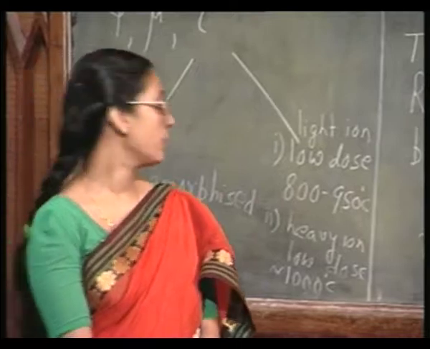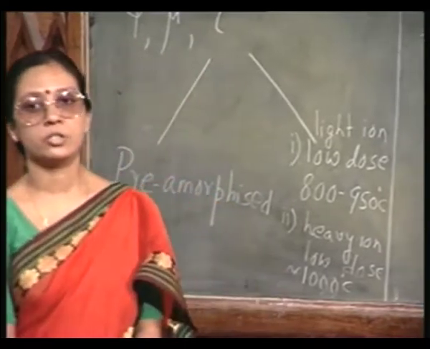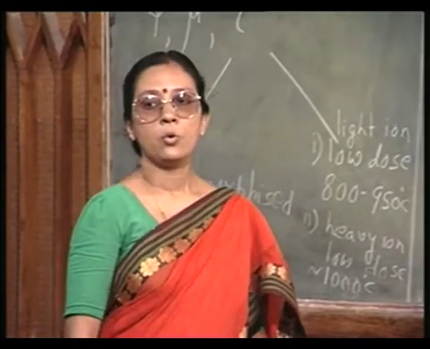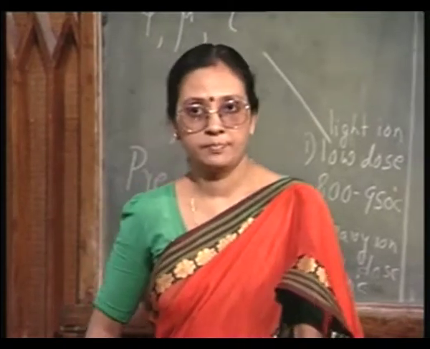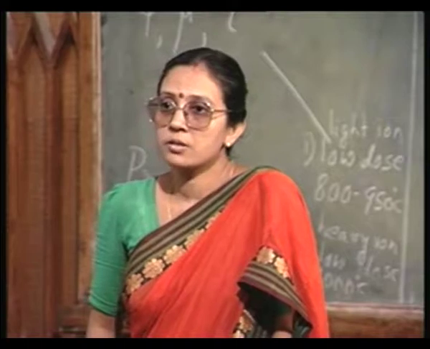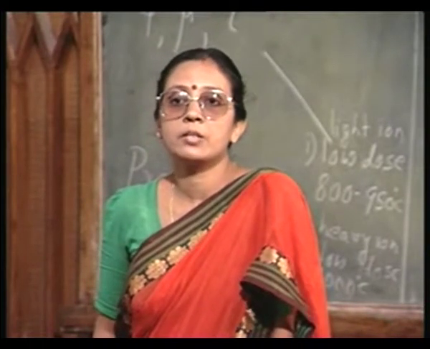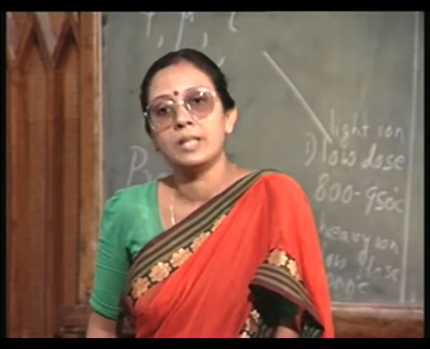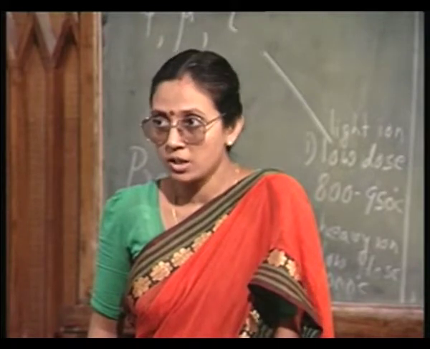Now, the interesting point I want to draw your attention to is, you see, when the material is pre-amorphized, on the face of it, it looks as if it is more damaged, is it not?